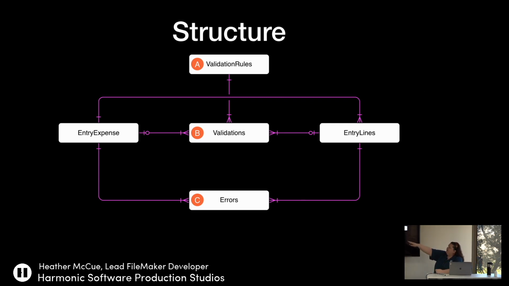For each expense and each line, we create a validation record. You'll notice those are 0 or 1 to many on the validations. The validations themselves are not per rule. We create one validation record for the expense and one validation record for each line item.